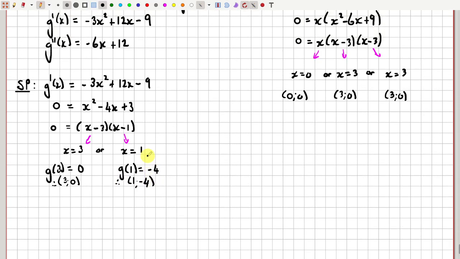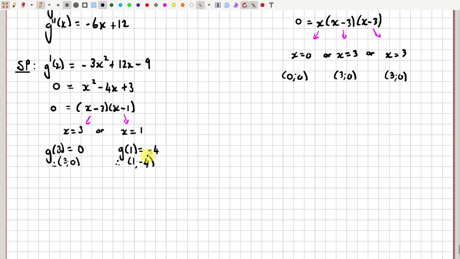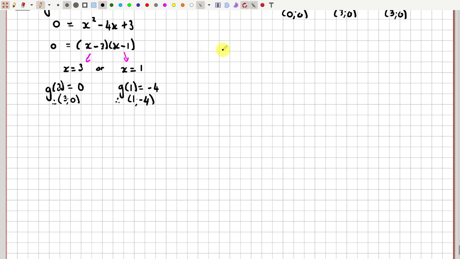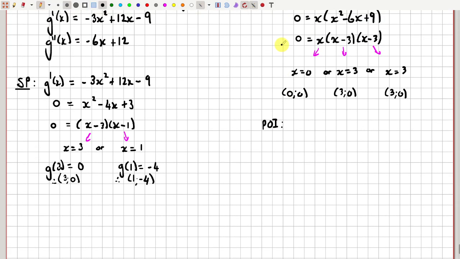Okay, next up, we need the point of inflection. So let's get that going. Point of inflection. This is shorthand I'll use there, which means we're going to take our second derivative and make it equal to 0. We'll solve that and we'll get that's where x is equal to 2.